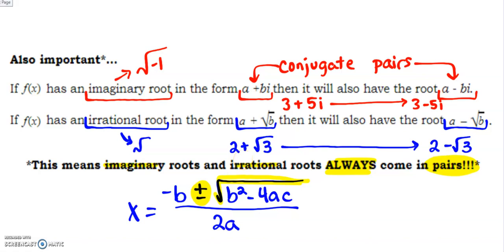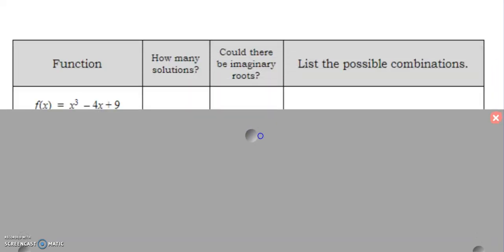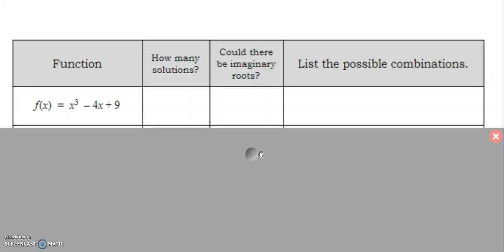All right, so moving forward, we're going to take a look at some problems. Now, I'm going to do this first problem for you, and then I am going to give you some time to try some of the other ones. So, first question says, how many solutions are there? And I'm just going to remind you that whenever you're asked for that, you want to look at the degree of your polynomial.